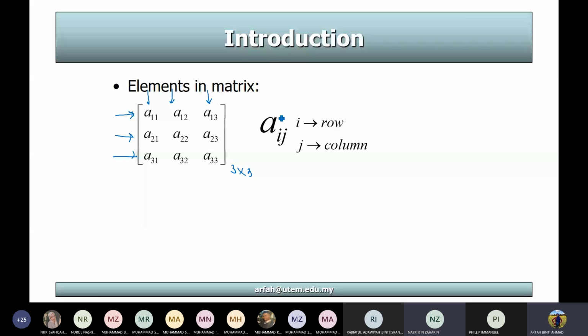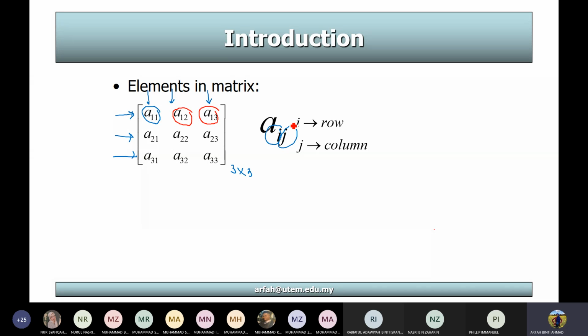So the element must have the arrangement a_ij. This means we say which row first and then which column. So in this example, A11 refers to the element located at the first row, first column. So A12 is the element located at the first row, second column. And A13 refers to the element that is located at the first row and third column. Okay. You must know this is very important because later we will look at the location of the elements. So first remember the order, we say number of rows times number of columns.